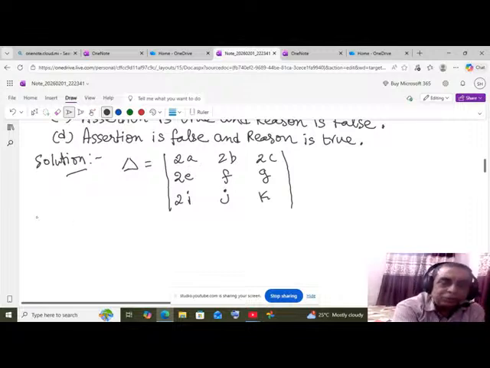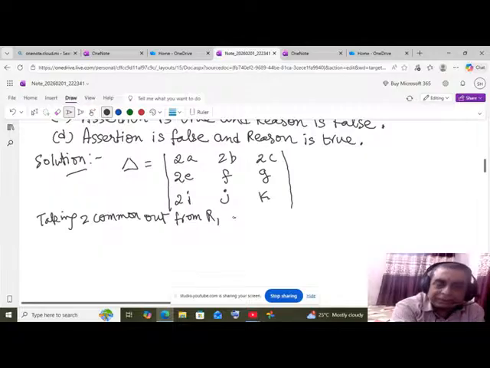Taking 2 common out from row 1, what do we get? The determinant value will become 2 times this determinant after taking 2 common out from the first row.